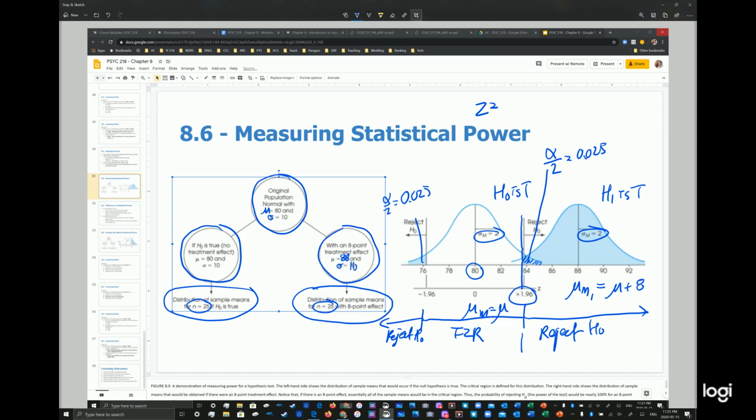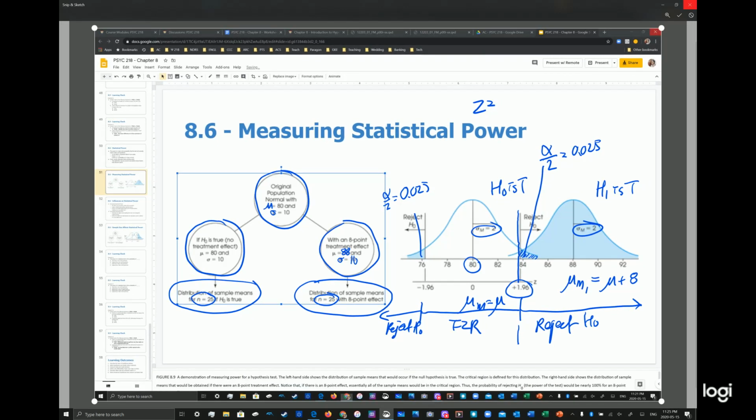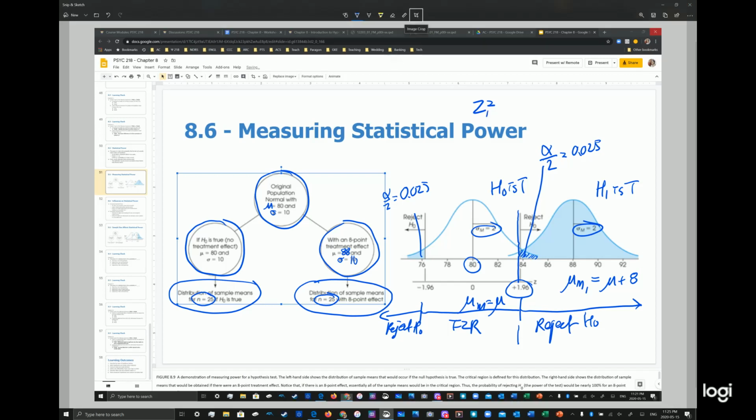The z-score here for your means is the sample mean minus the population mean divided by standard error. So in this case, we can solve for the sample mean. We can do this with algebra.